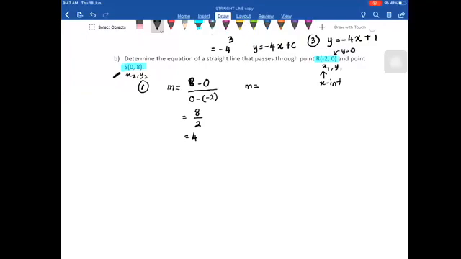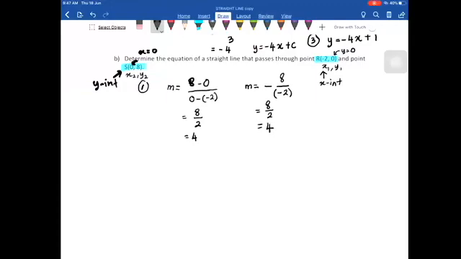S is actually y-intercept because my x is 0. So I can use the other formula. Negative y-intercept is 8 over x-intercept is negative 2. So becomes 8 over 2 which is 4.